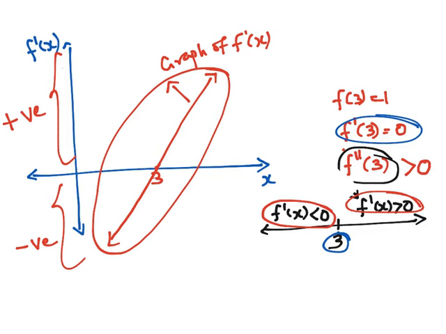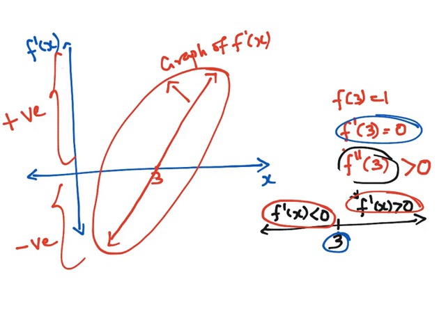Wherever f dash of x is increasing, for those points f double dash of x will be positive. So here we saw that 3 is a stationary point which gives us a local minimum value, but when we substitute the 3 in the second derivative, we get a positive answer.